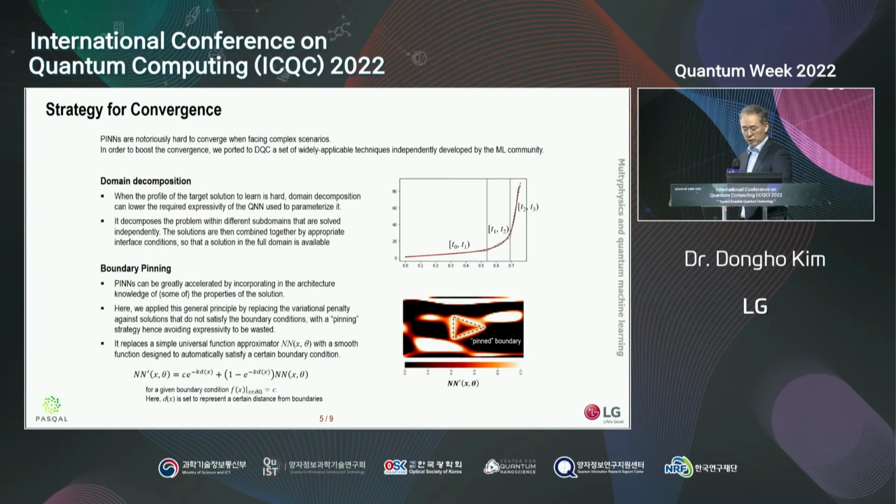So those things are also applied to the quantum side, and we can see some convergence boost a little bit. We think that kind of strategy is very useful for the conventional one as well as the quantum side.